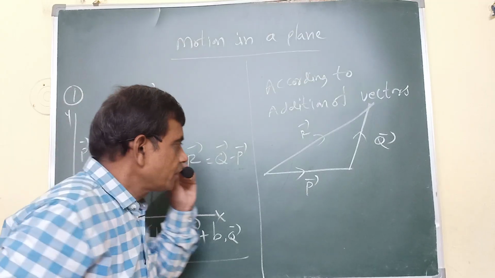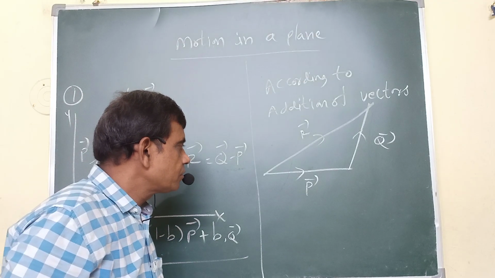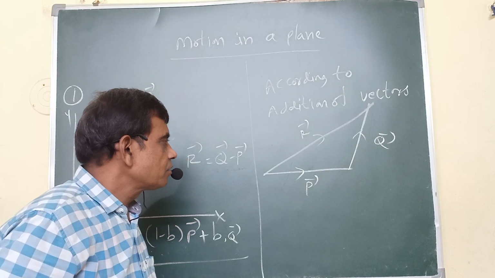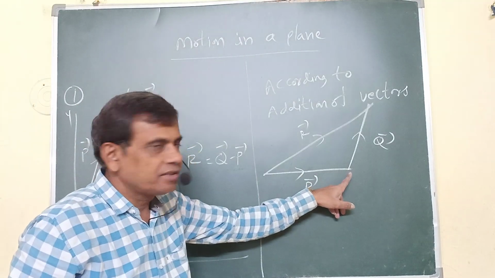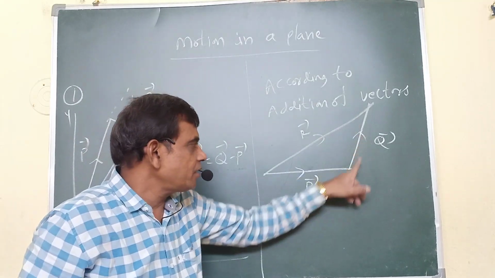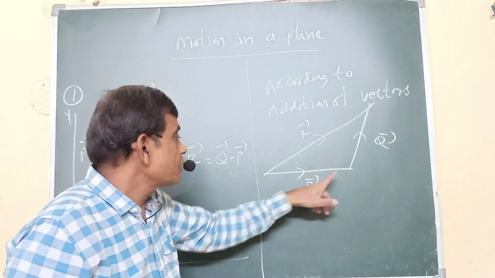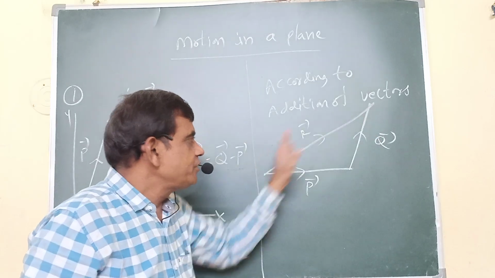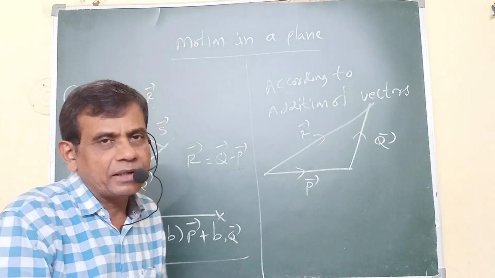First vector, final position, terminal point, and second Q vector, initial point must coincide. At that time, P vector initial point, Q vector terminal point, I am joining with one vector, that is called R vector. This must be in this order, then only you apply.